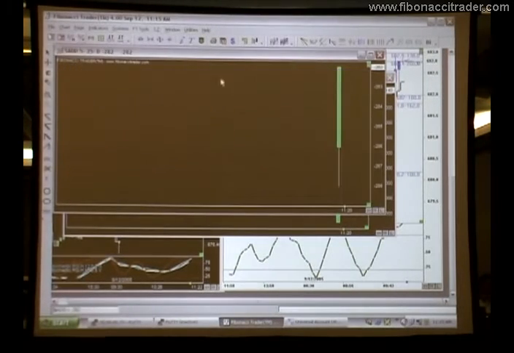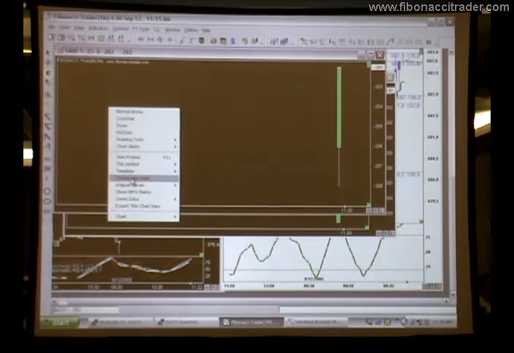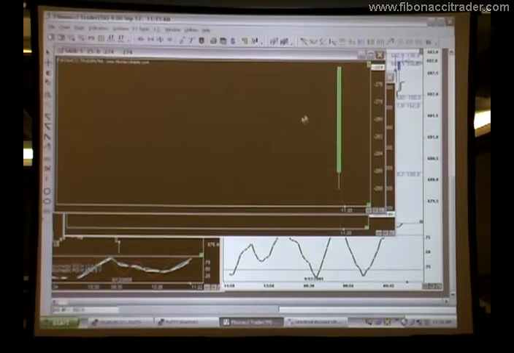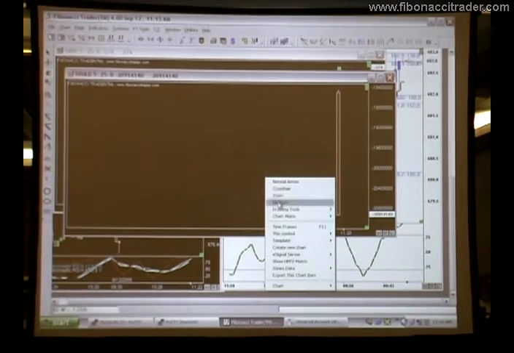Let's do this one first. Let's refresh the data. Normally that's a pretty quick refresh because we're just asking for 1 million bars per day.